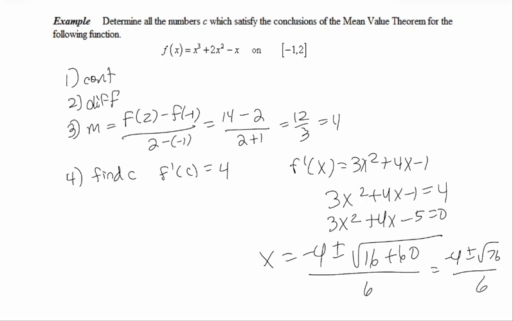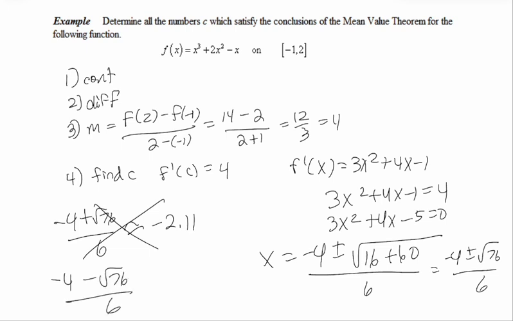So let's just do each one and see which is in the interval from -2 to 1. -4 plus the square root of 76 divided by 6 is about -2.11. That is not in our interval, so it's going to have to be -4 minus the square root of 76, all divided by 6. Let's see what that is. That is approximately 0.78.